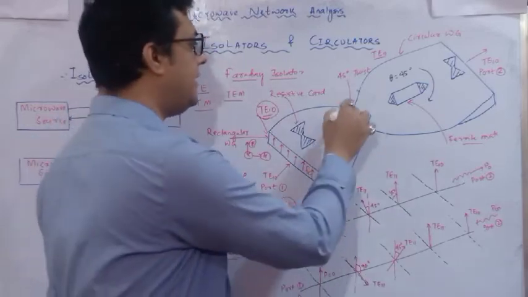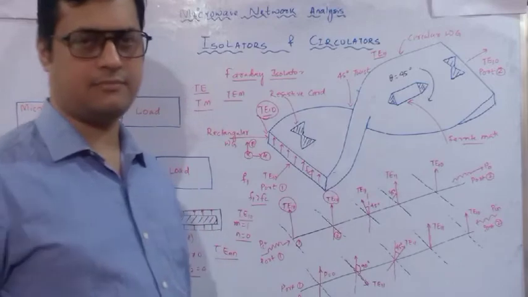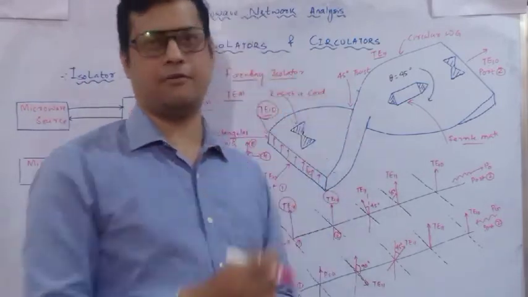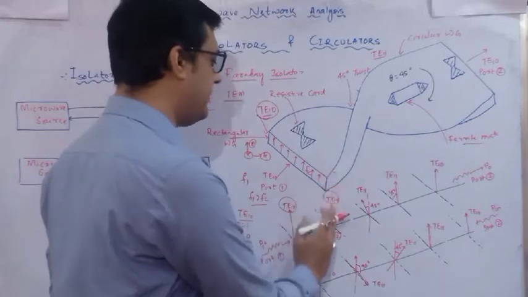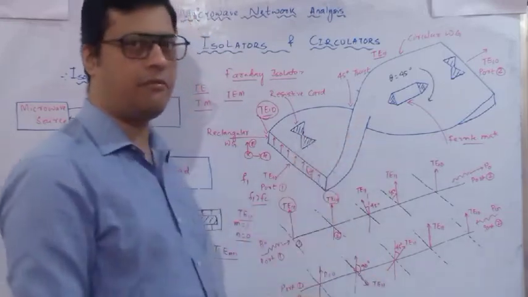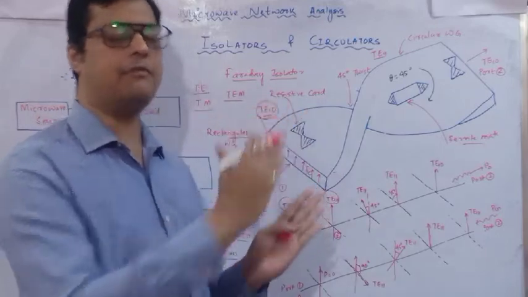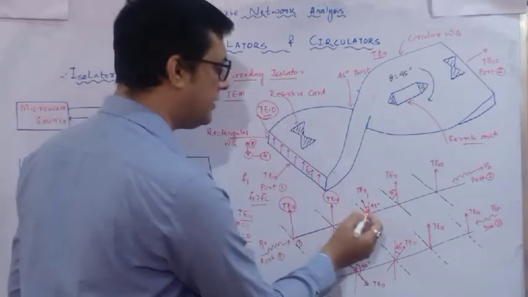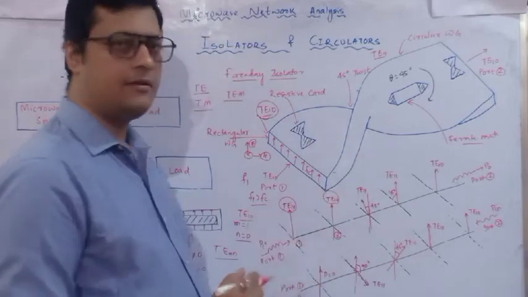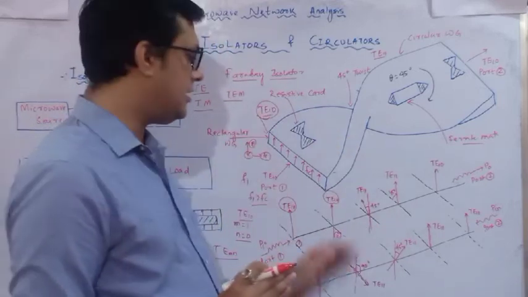Next, when it enters the twist, the twist will change the angle of the electric field. Electric fields are perpendicular to the x-axis. When it enters the twist of 45 degrees, the electric field will twist by 45 degrees. Here you can see initially this is the perpendicular position of the electric field.